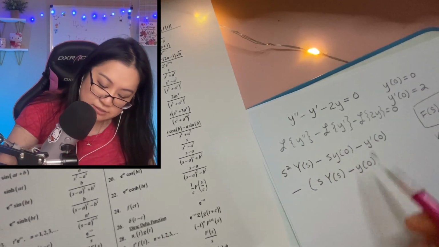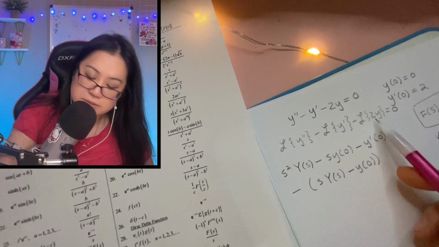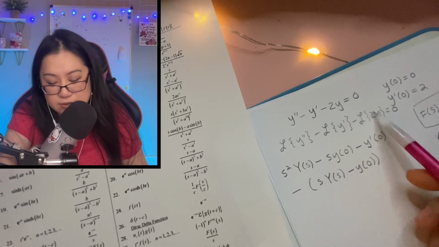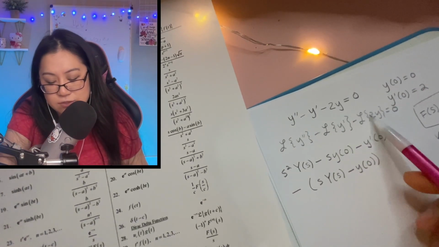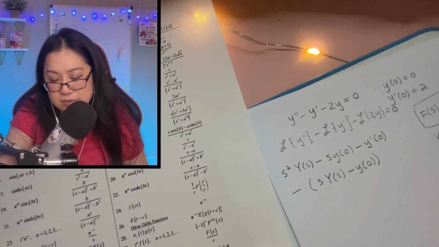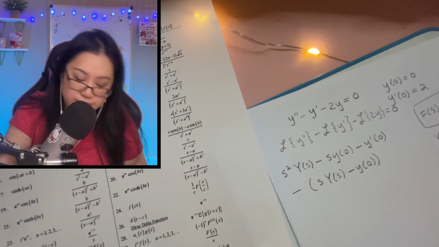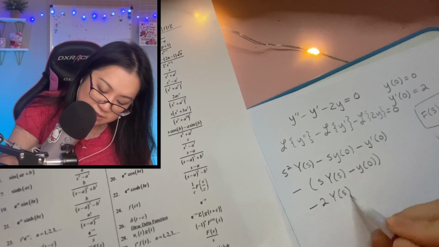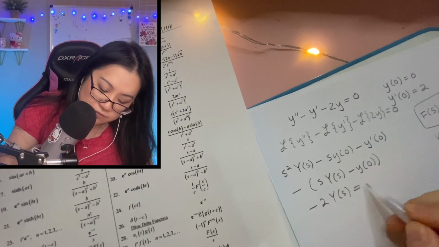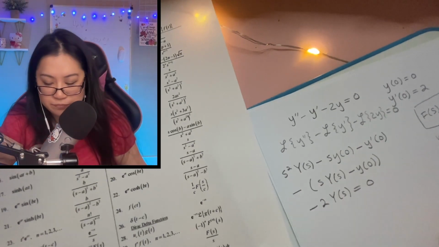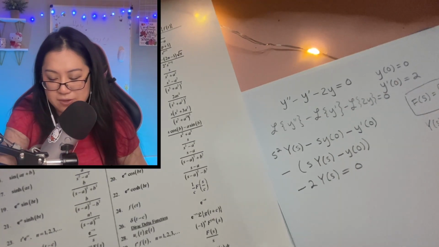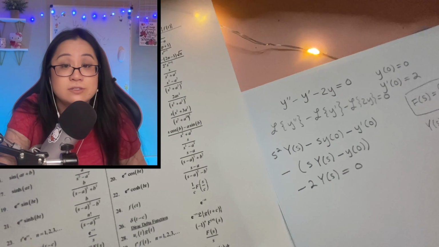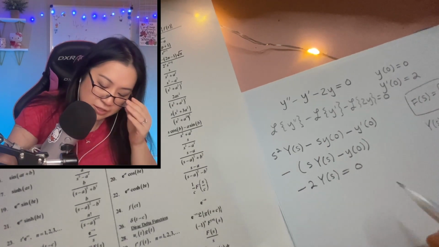So we have that for this minus, and because it's linear, I can pull out this 2, and then I have 2 Laplace of y, which is simply y, capital Y of s. So I have minus 2 capital Y of s, and this equals the Laplace of 0, which is just 0, because that all goes away, right? Integral of 0 from 0 to infinity is still 0.